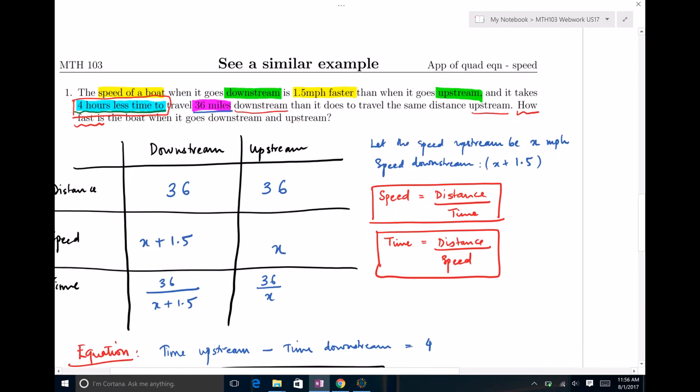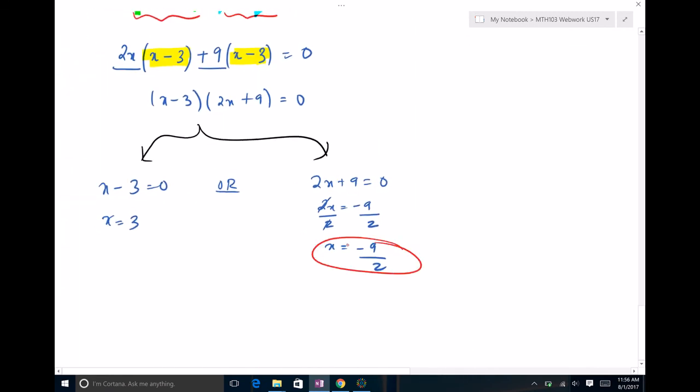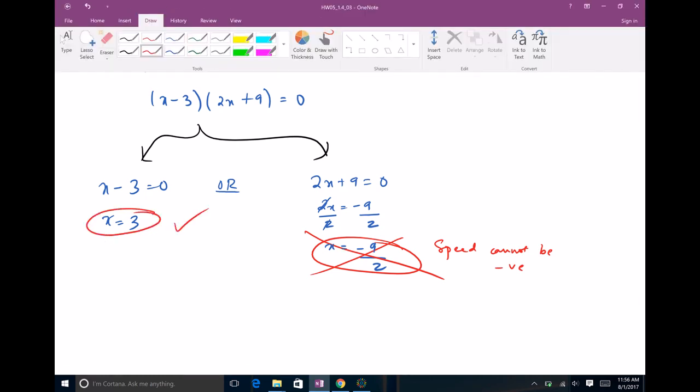Okay, but let's go back and remember what we had marked as x. X was supposed to be the speed upstream. So since we have these two possible answers, negative 9 over 2 is not acceptable because speed cannot be negative. So which means x equals 3 is the correct answer to this question.